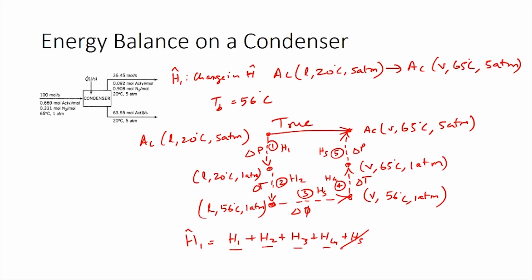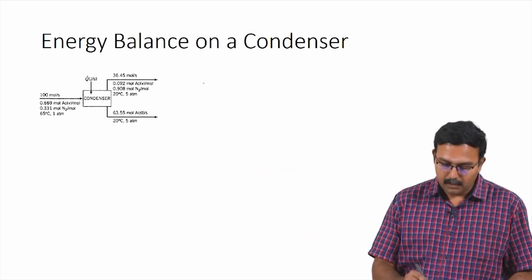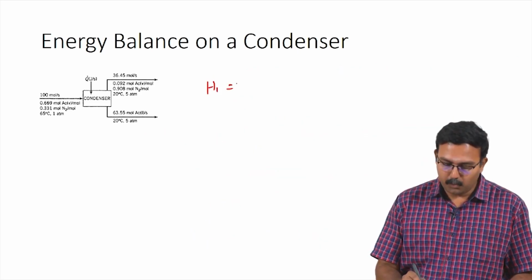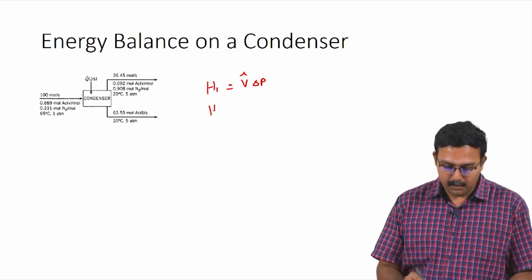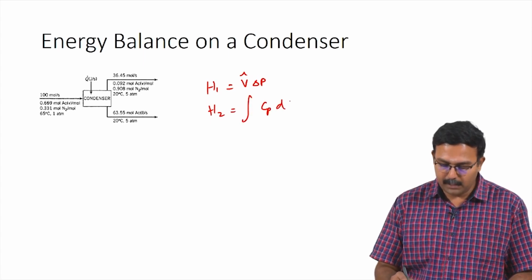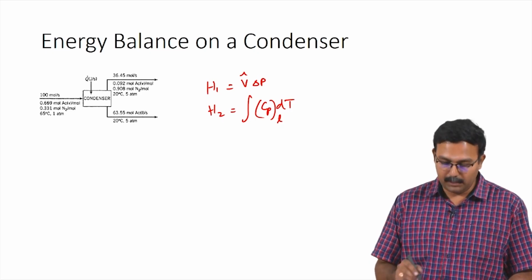The first step is a change in pressure. The enthalpy change for the first step, H1, would be equal to V cap delta P. It is a change in pressure for a liquid, so it would be V cap delta P. The second step is change in temperature, which would be integral Cp dT, where you would use Cp of liquid because the component is still liquid.